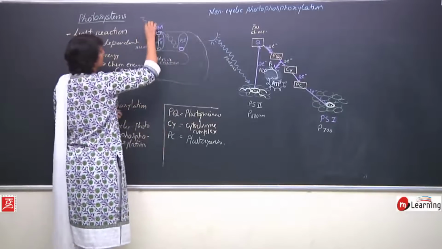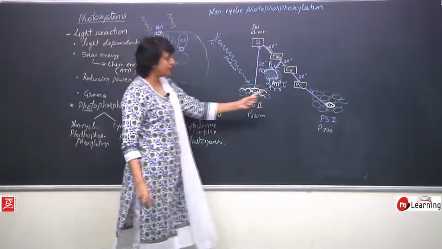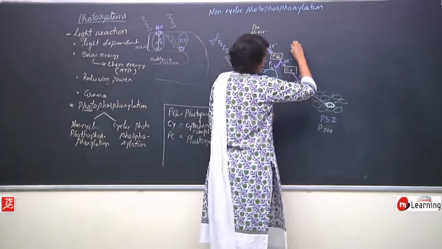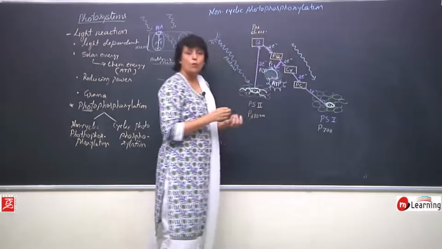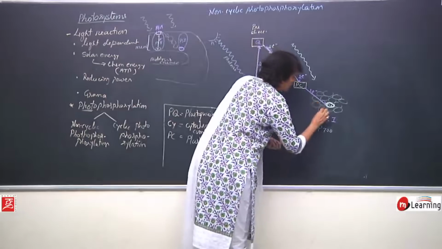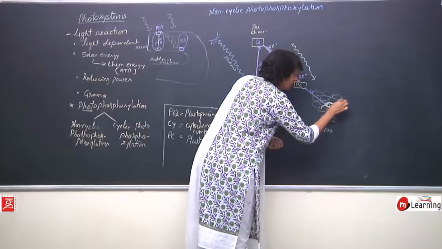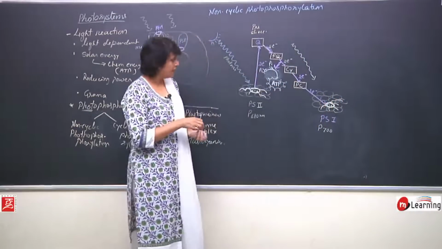Here also there was sunlight which was coming, here also there is sunlight. So on this photosystem also there is sunlight falling. What are these accessory pigments going to do? They will absorb and pass on the energy to the reaction center chlorophyll.